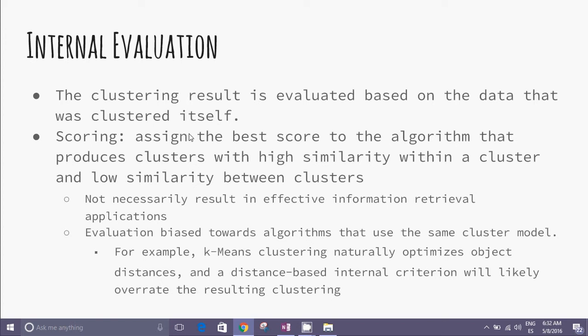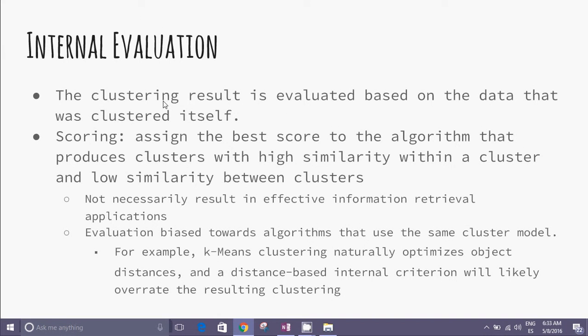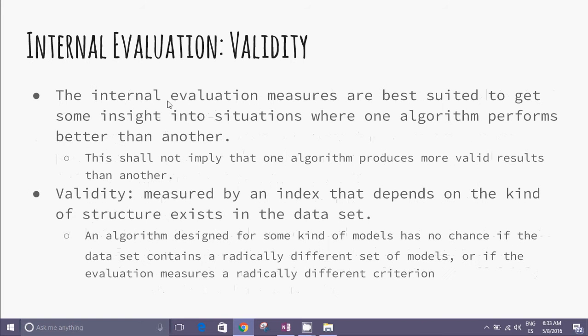When using an internal quality measure, make sure that it is independent of the algorithms. For example, k-means optimizes such a measure and will always come out best when evaluating with respect to this measure. Validity is measured by an index that depends on the kind of structure that exists in the dataset.